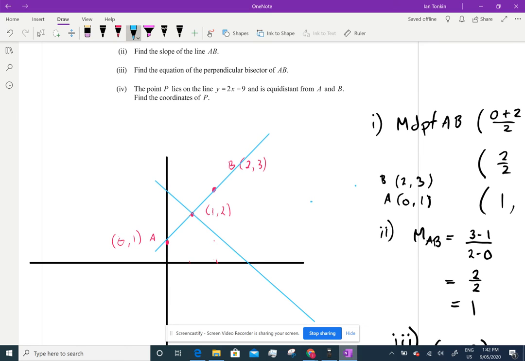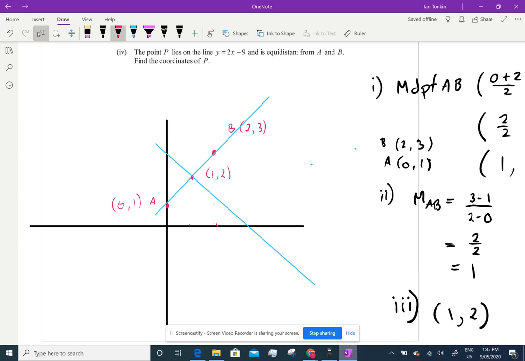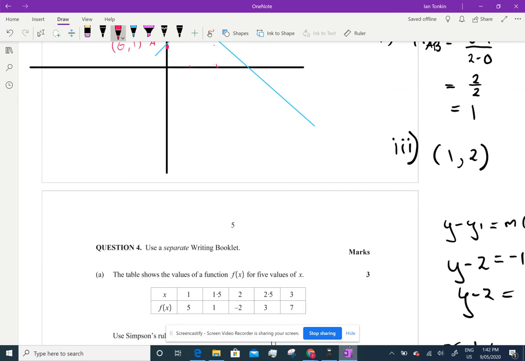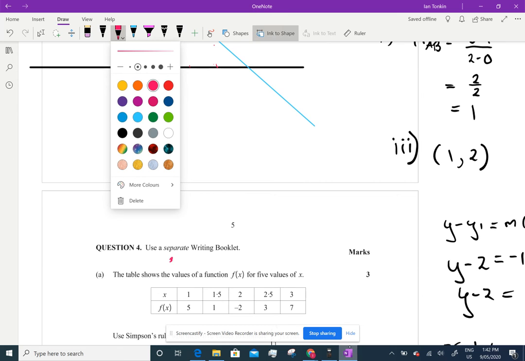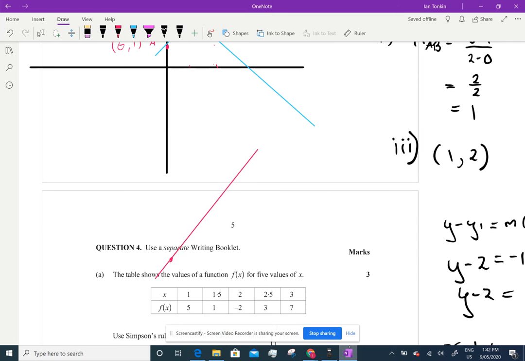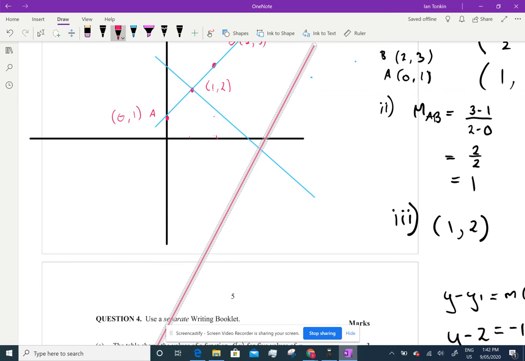Just to give me an idea. So that's a perpendicular bisector. Now, what do we know? P lies on the line y equals 2x minus 9. I'm quickly going to draw that. It's going to come way down here, and it's got a gradient of 2. So I'm going to draw a line through there. There, that'll do.